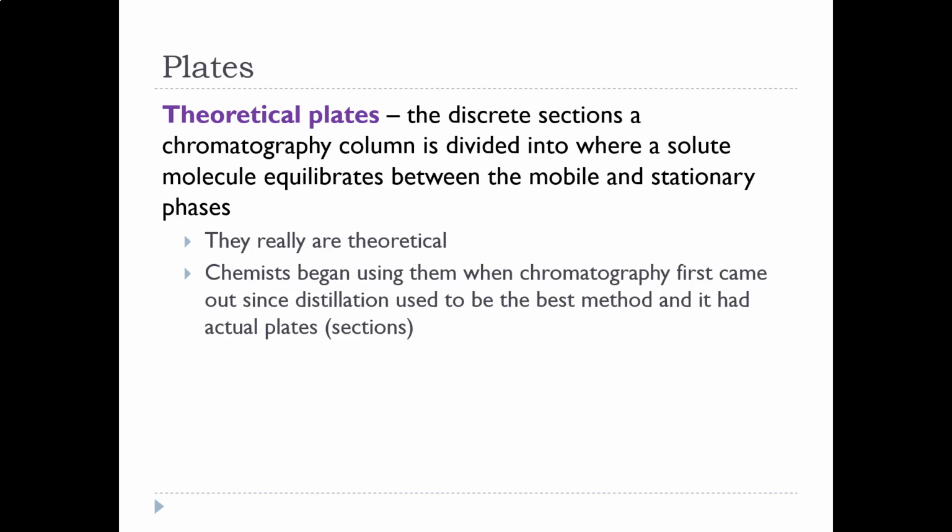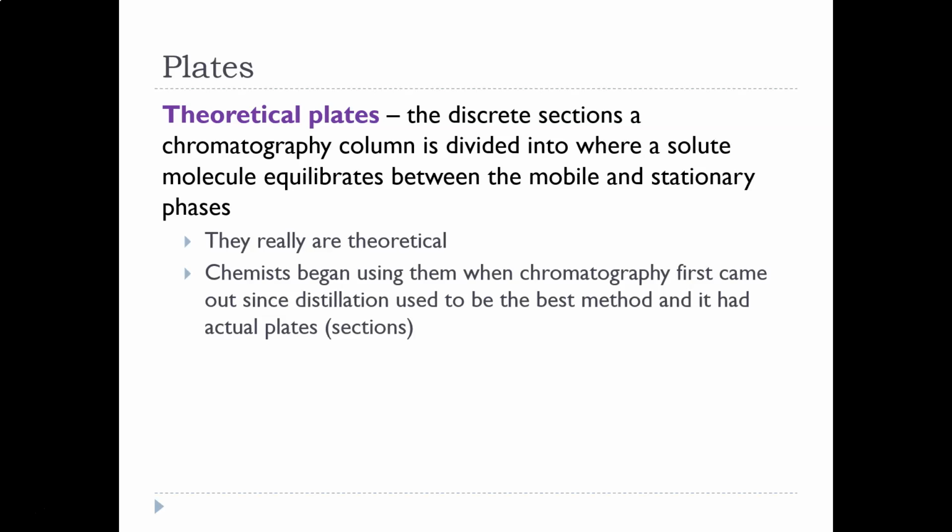So when they started this, again, the approach was interesting. They said, between the stationary phase and the mobile phase, there's this theoretical number of plates, which are the theoretical number of equilibrium reactions that would happen between a solute, the stationary phase, and the mobile phase.